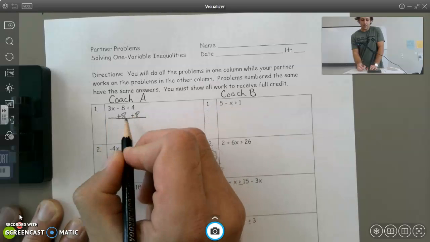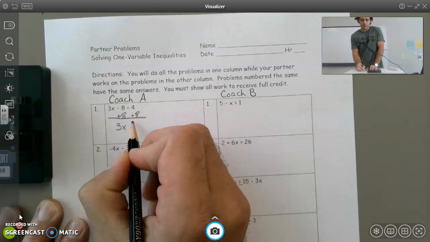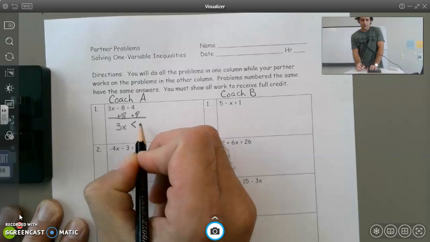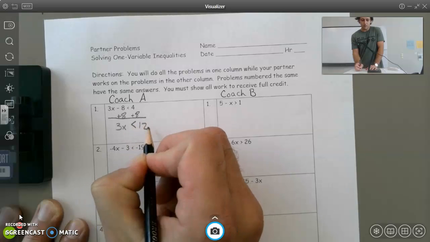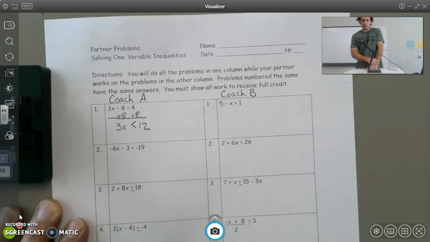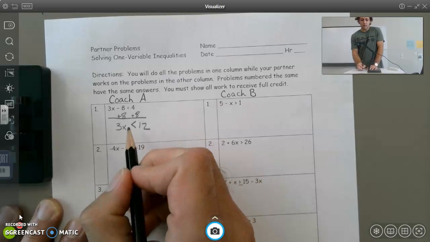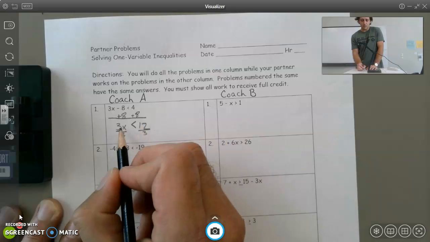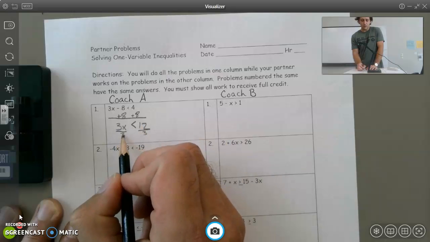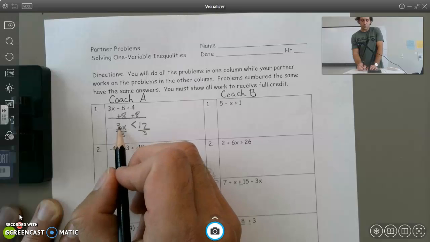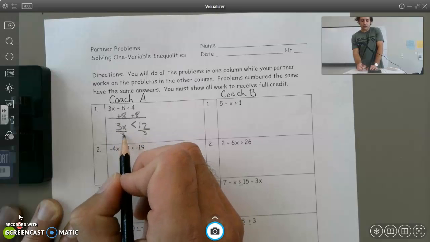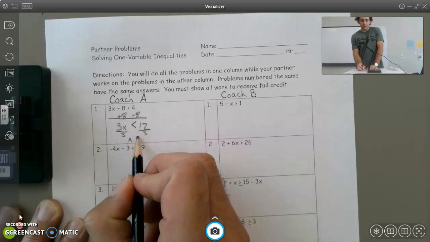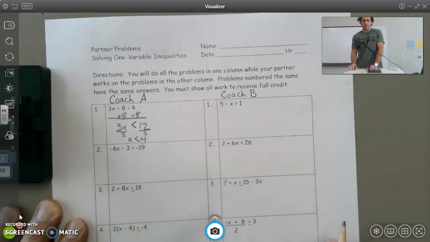When I do that, I get 3x is less than 12. Now if I divide by 3, because I want to make my coefficient 1, so 3x times 1/3 or divided by 3 gives me 1x. x is less than 4.